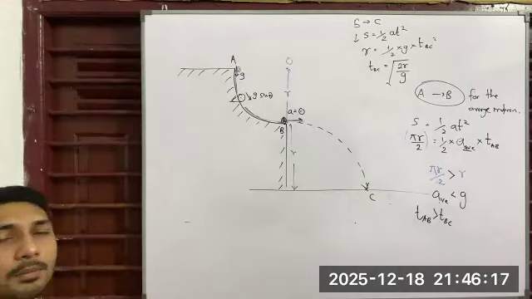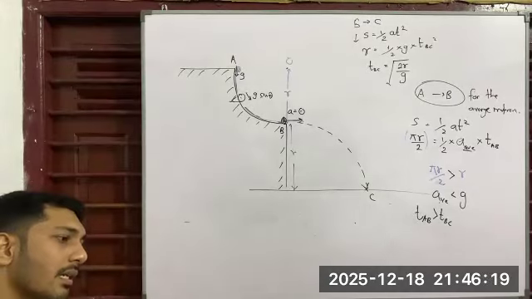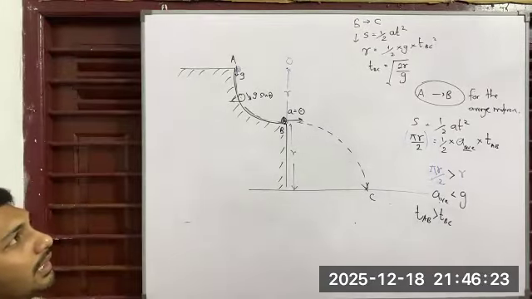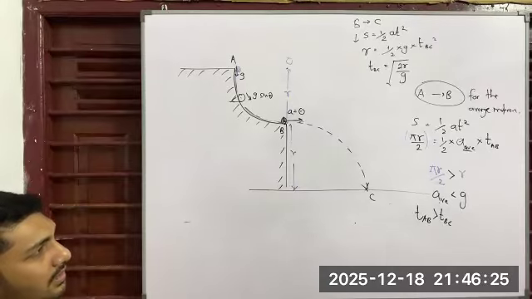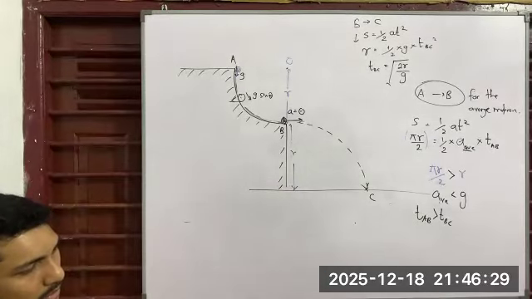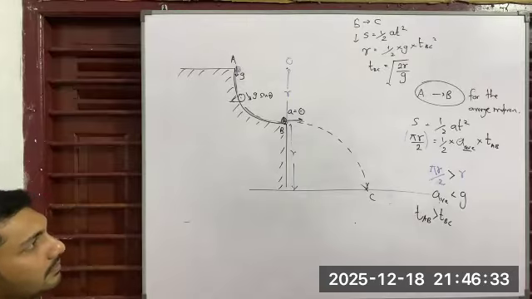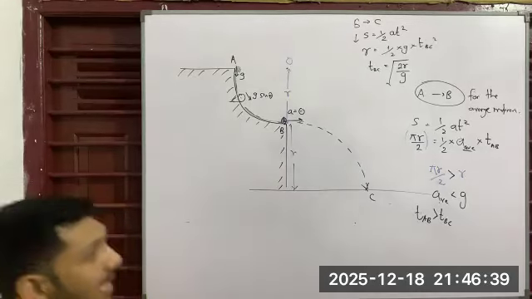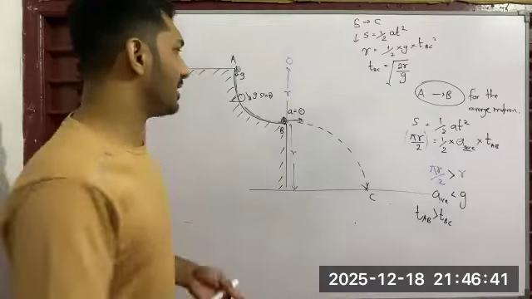Okay. Now comparing the distances, AB distance you already know. A to B, the distance is pi r by 2, right? B to C, you have to measure the length of this path.